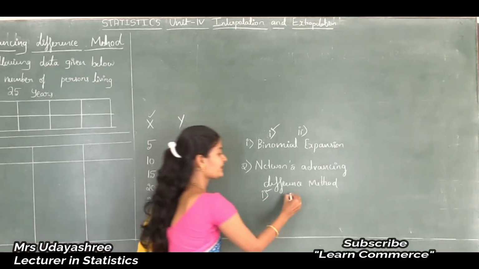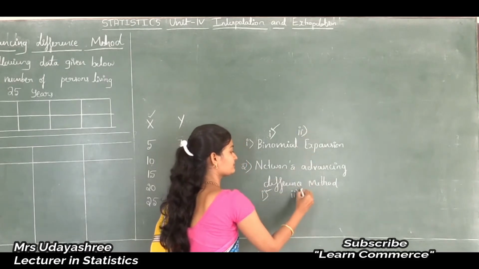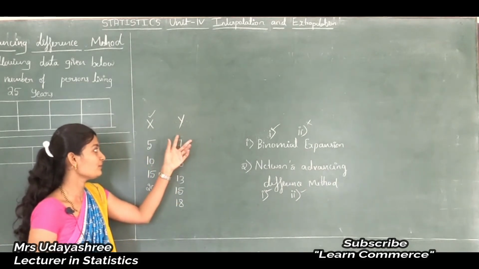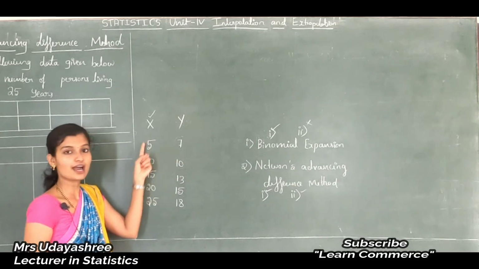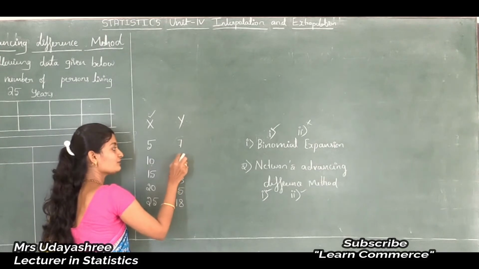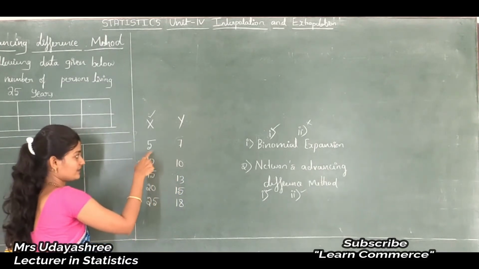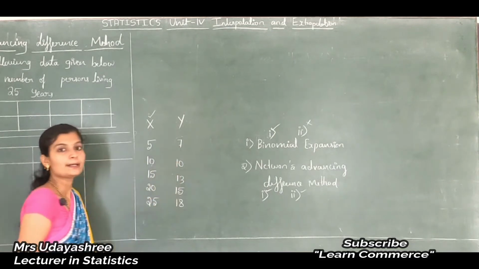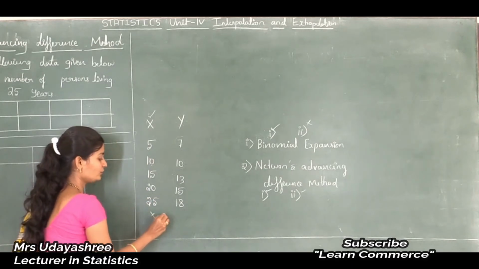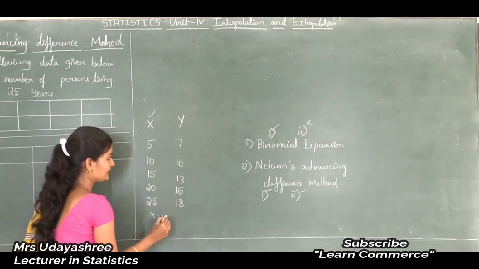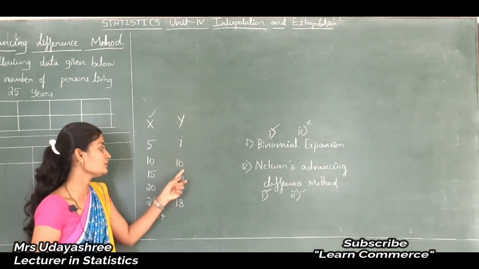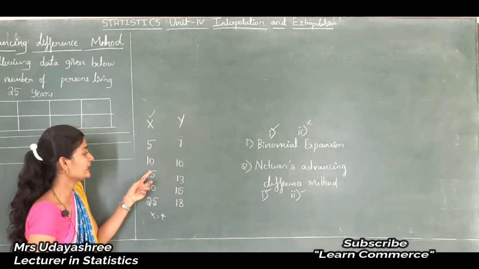Then the second condition: unlike the binomial expansion method, it is not necessary that the value of x for which y is interpolated be one of the given values. Any value in between can be used.